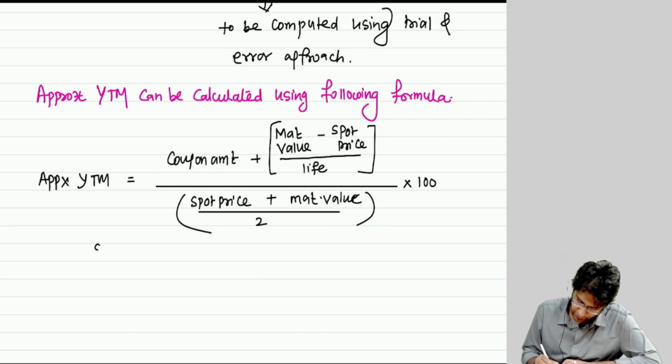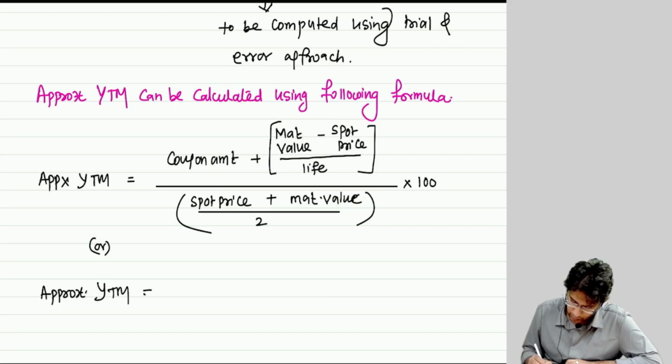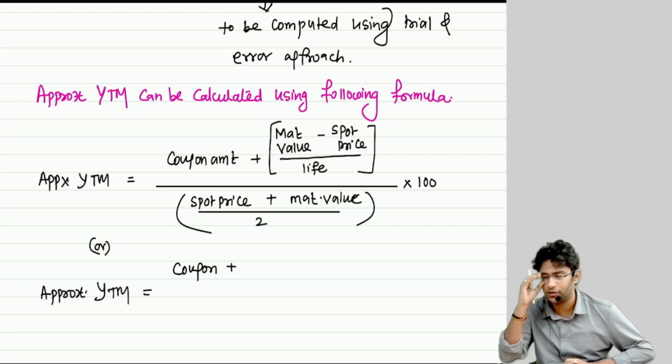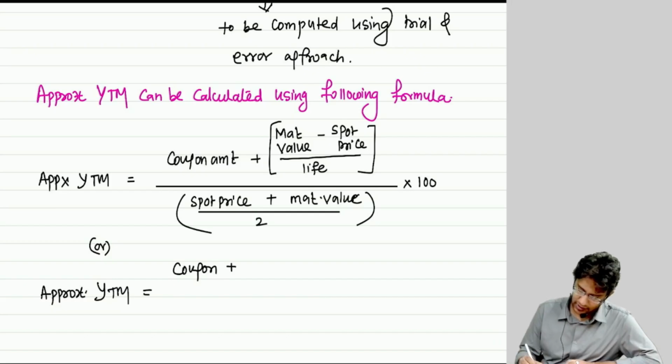There is one more formula that you can also use. You will get a slightly different answer. In fact, the second formula is more appropriate than the first one. But in most books, the first one is used. But CMS study material has used both formulas. The second formula is actually more convenient.